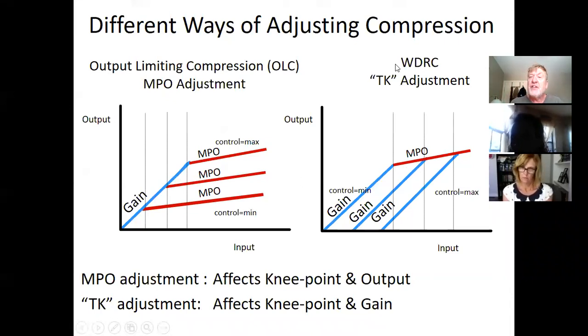And here's a TK type of adjustment done on WDRC. Very different. I'm adjusting the gain, and look at how the gain lines, 3 of them in this case, whatever, least, middle, maximum.